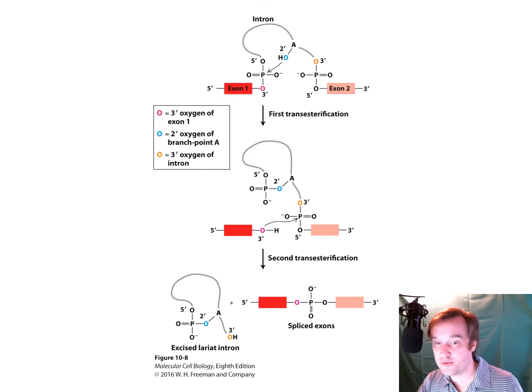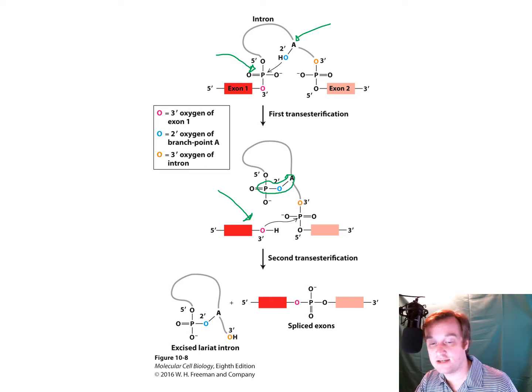The first one occurs between that conserved A and the first phosphate group of the intron. What occurs then, as you can see here, is that there is a bond between that conserved A and the phosphate group, and it is no longer attached to that first exon.